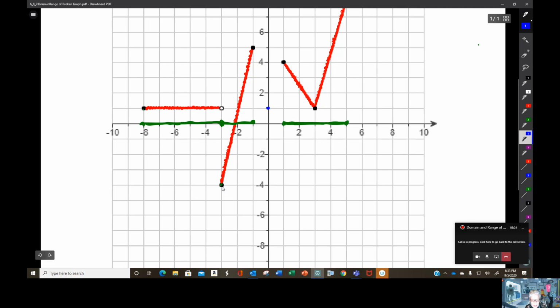Now the y-coordinate of this point is going to line up with 4. And then all of the y-coordinates of all of these points are going to match up with values on the y-axis.